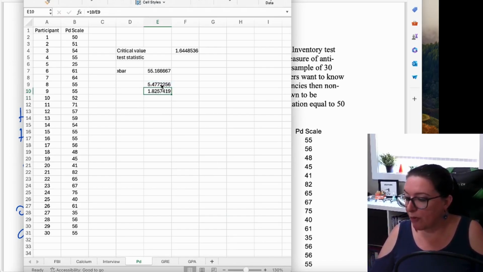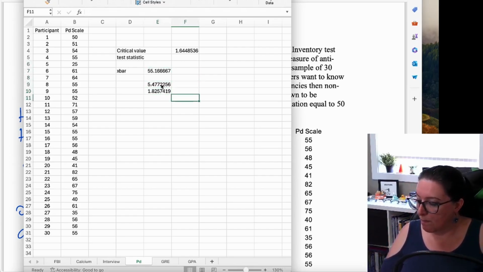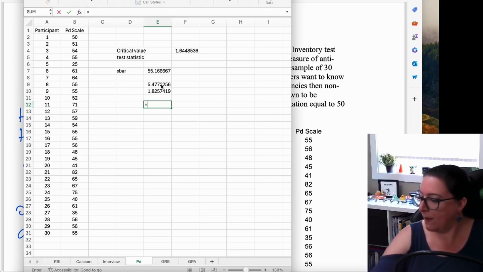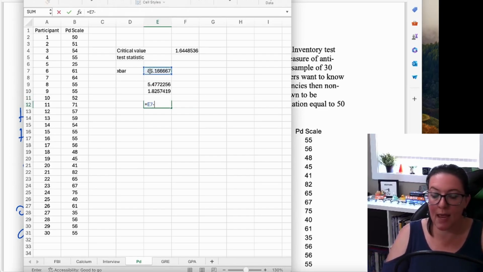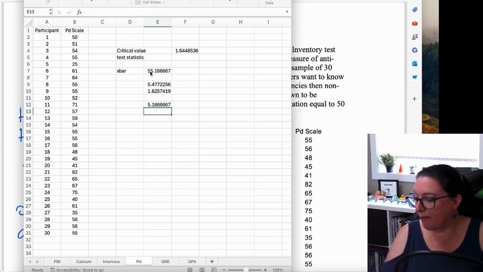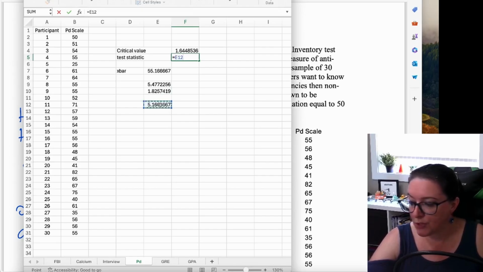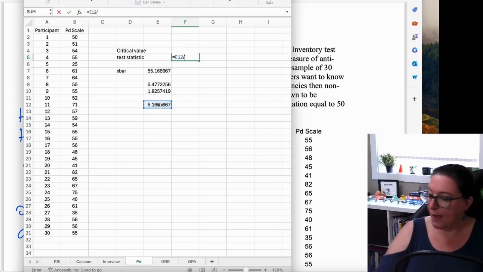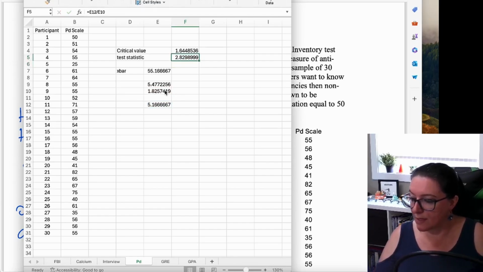The top part of the formula is going to be we're going to take our mean of 55.16, subtract what we are saying we think the population mean is, 50. So then our test statistic is x bar minus mu, which is this number here, divided by our sigma over the square root of n, which gives us this number here.